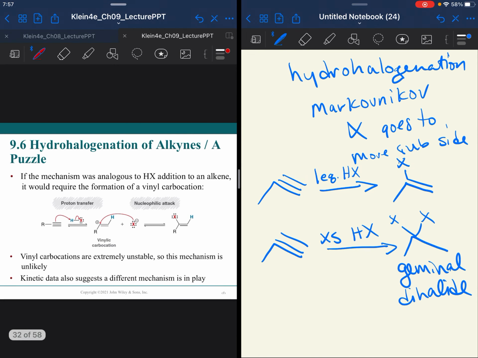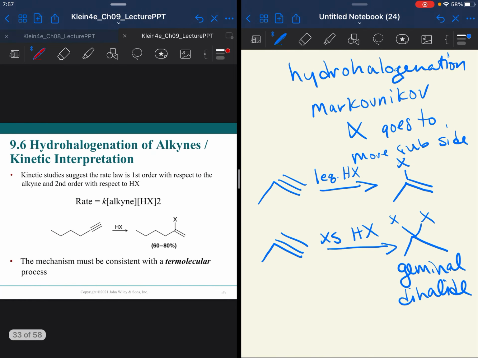I am not concerned with you thinking about the mechanism. It would seem that it should be the same as the mechanism for adding one HX to an alkene, but this thing right here in the middle, vinyl carbocations, are so unstable that this isn't likely. So when looking at kinetic data, when looking at thermodynamic data of intermediates, that mechanism doesn't seem to make sense.